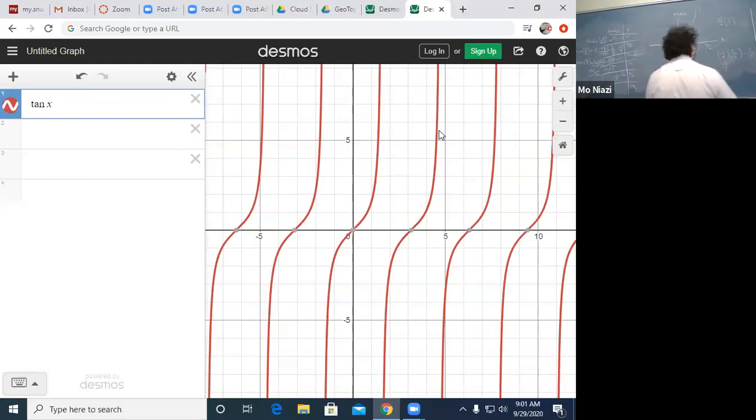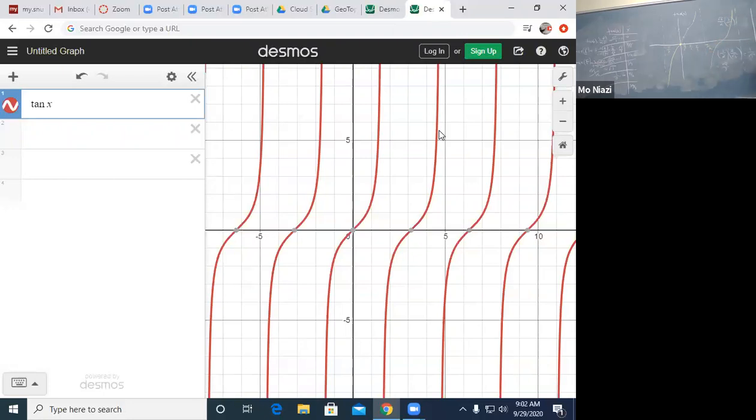For the negative values, you can see that if you do this tabulation, it would get this. With the vertical asymptote over here at negative pi over 2. And it just repeats. You can see if you graph it for yourself that it just repeats. This phenomenon repeats.